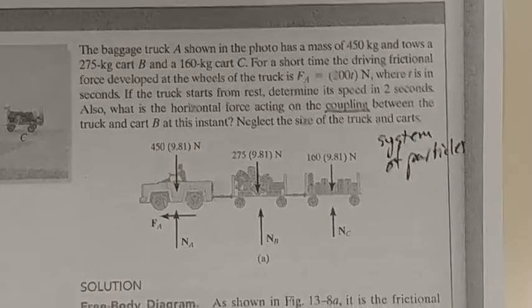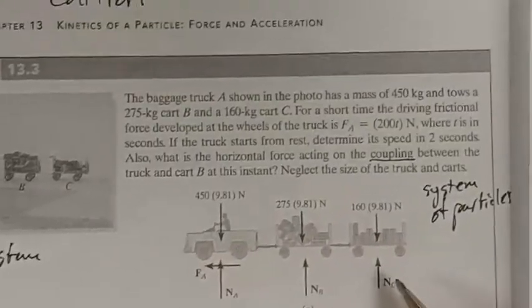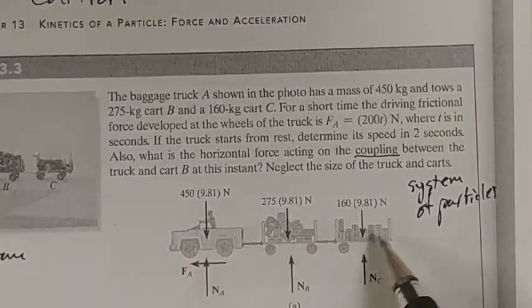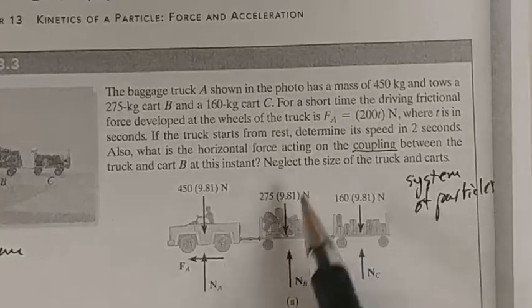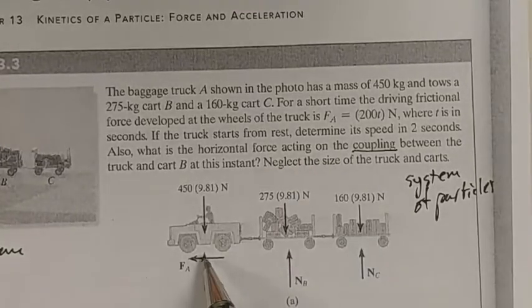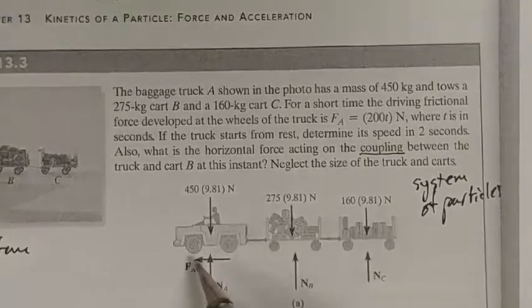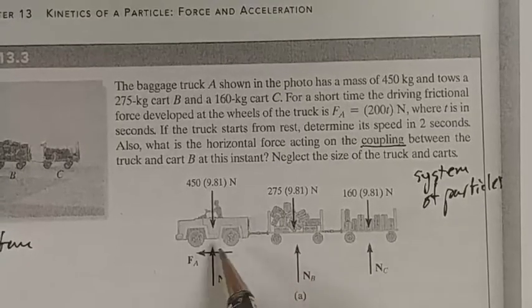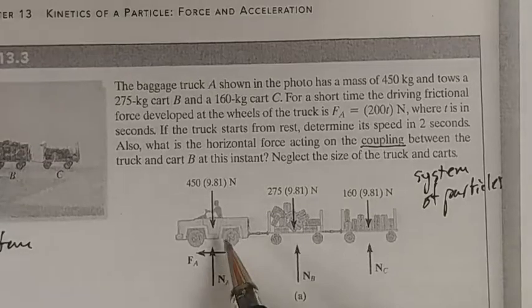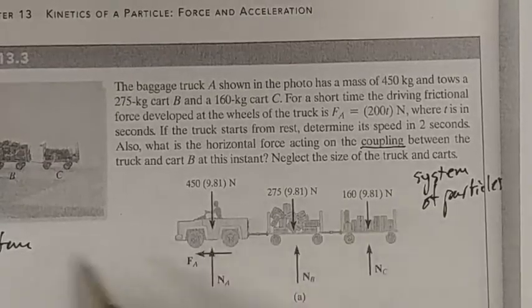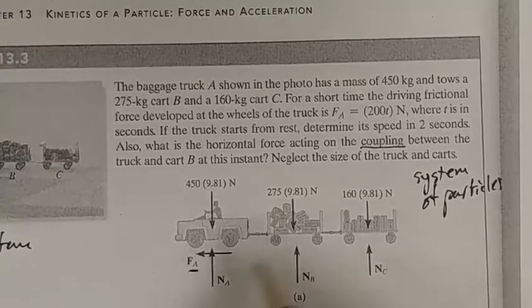So there's this truck with the two carts, and a force based on friction is being applied to the truck at the wheels. I'm not going to go into all the details of how that is formed, but essentially the force that is causing this system to accelerate is this FA.